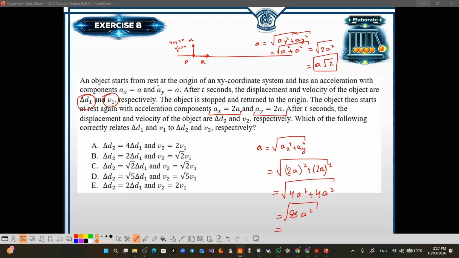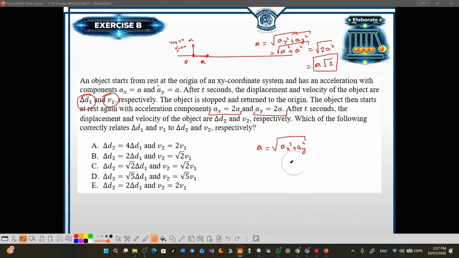If we take the square root of 8, it's going to be 2 radical 2, and the square root of a squared is a. So the acceleration has changed from a radical 2 into double a radical 2. The new magnitude of the acceleration is double the old acceleration.